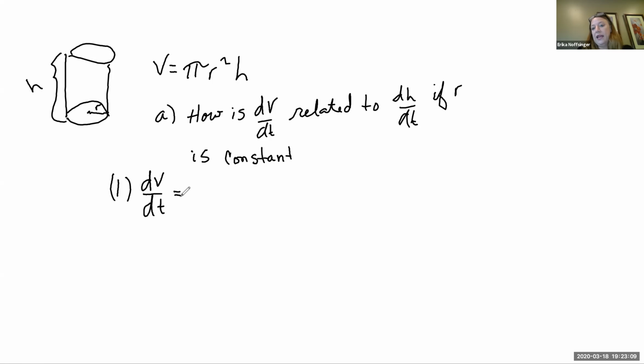And so treat it like pi. You're going to keep the pi r squared in there. So this is pi r squared. We're taking the derivative of height with respect to time. So the derivative of h is 1, but again, chain rule, so we're going to write the dh dt.